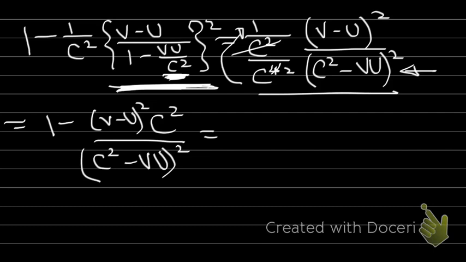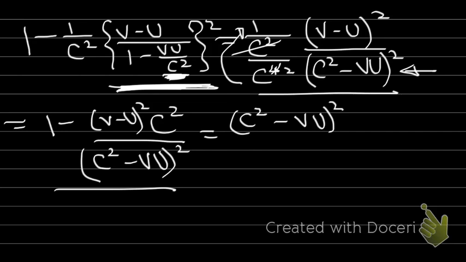Okay, so let's continue. We have over here (c squared minus v times u) whole squared. All I'm doing now is taking the LCM of this thing over here.